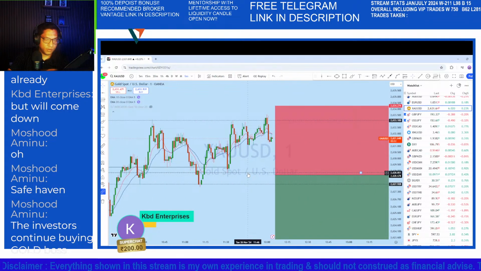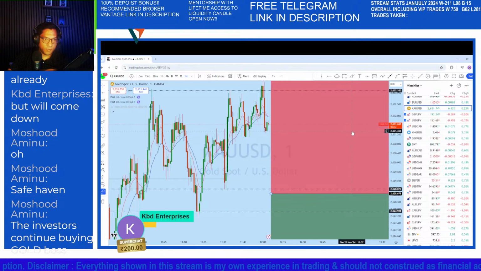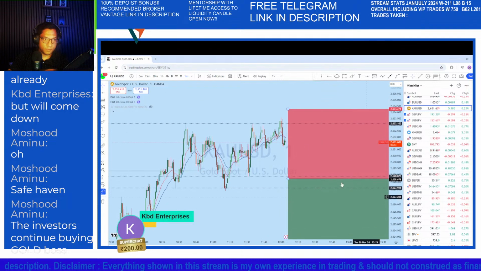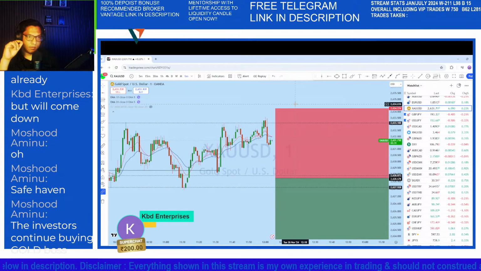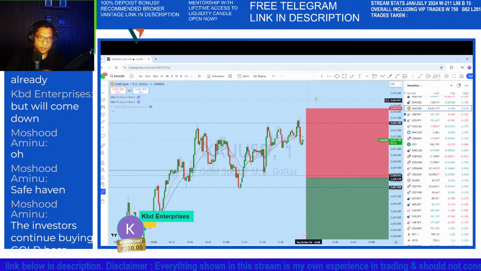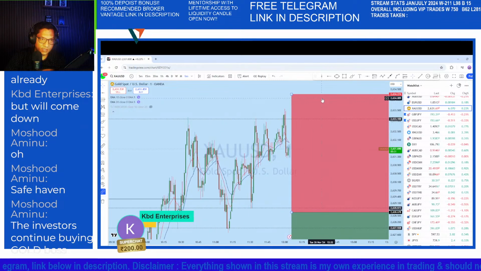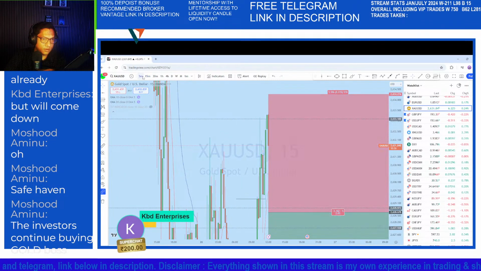This is a very important level of support here, and the most important part of trading is remaining in control, doing risk management, and trading with the trend. It's the main goal here.